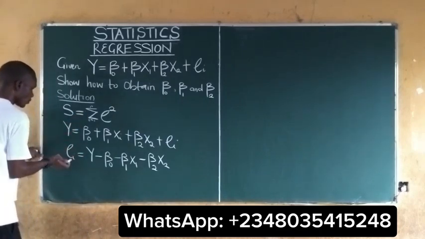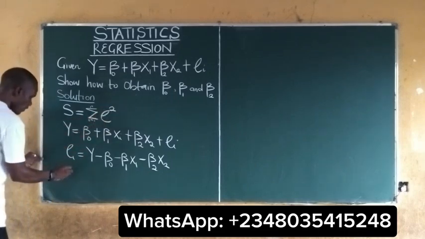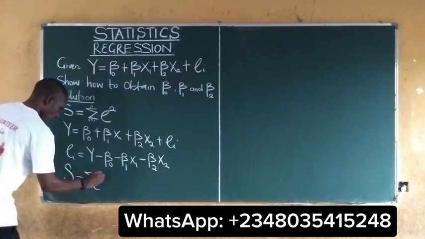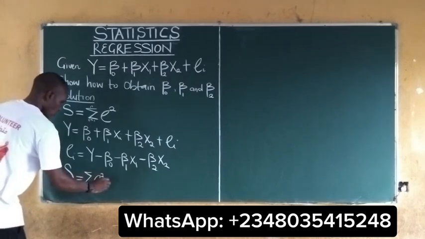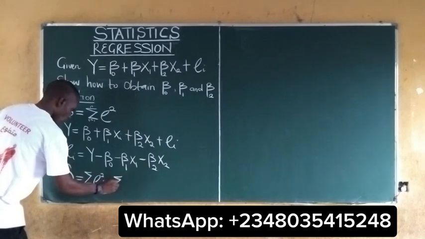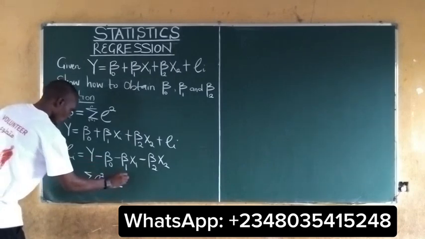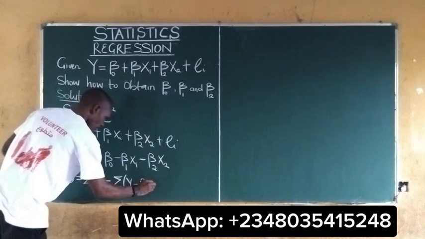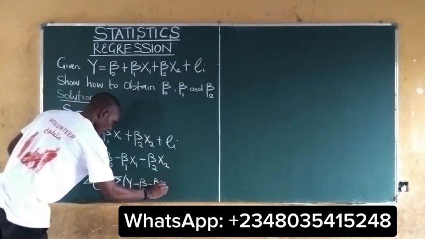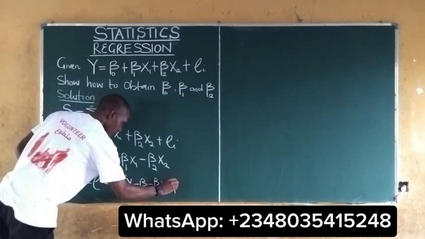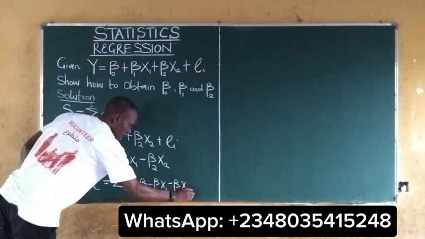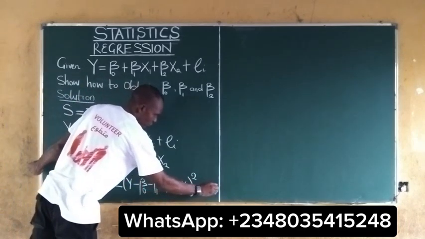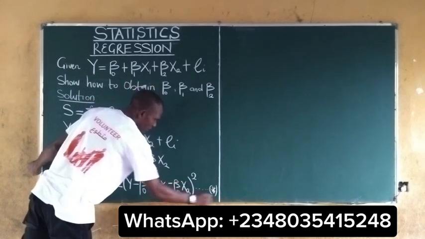So if we substitute the error term into the sum of square error, we get the sum of square error equal to the summation of the error term raised to the power of 2, which equals the summation of Y minus B0 minus B1 X1 minus B2 X2, all squared. We'll take this as our equation star because we'll recall it later.